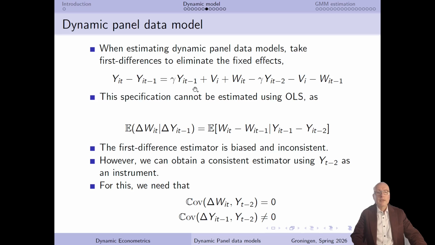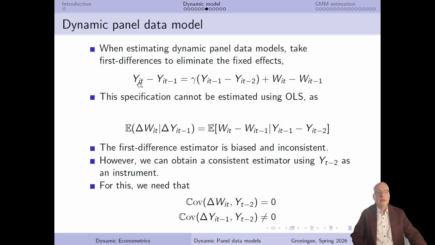Then the next thing we can do is that we can rewrite this a little bit. The v_i's, of course, they're going to cancel each other. And we can take the gammas together, this gamma over here, as well as that gamma over there, in order to get in the end gamma times (y_it-1 - y_it-2) plus w_it - w_it-1. But then we can rewrite this a bit.